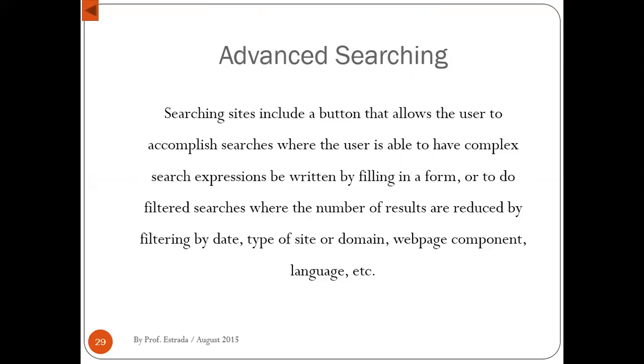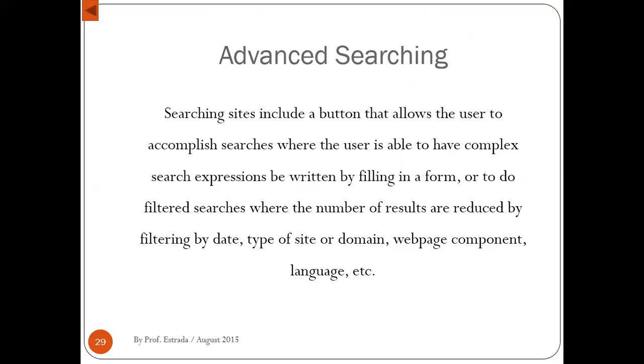Now, all searching tools provide an option to do what is called advanced searches. Advanced searches allow you to modify your search in a way where you will be able to reduce the number of results and still have an effective and appropriate or relevant set of results.